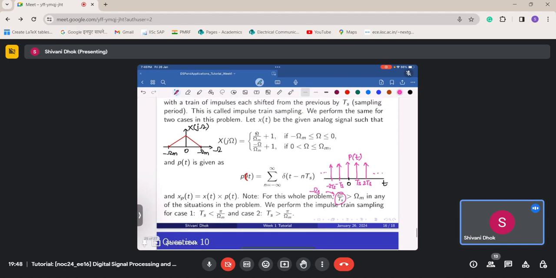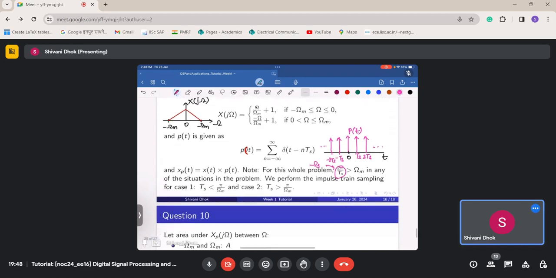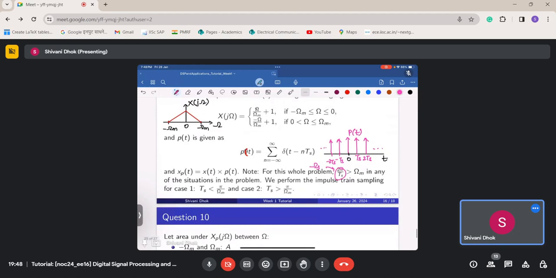Now we perform the impulse train sampling for two cases. Case one is when Ts is less than π/ωm, and the second case is when Ts is greater than π/ωm.